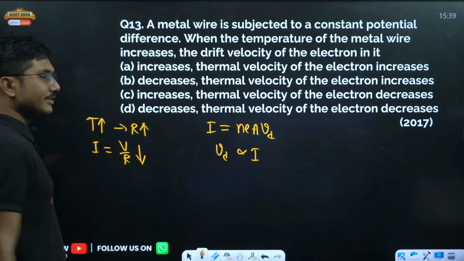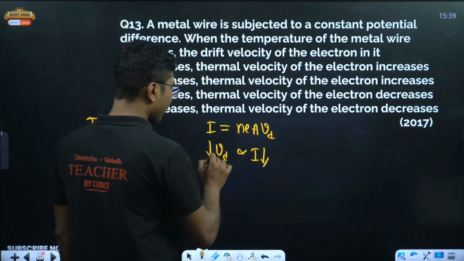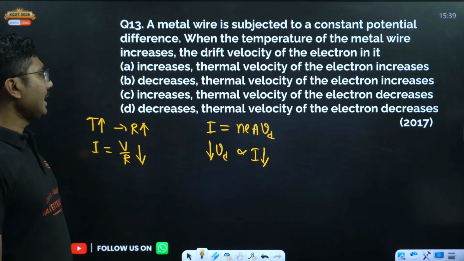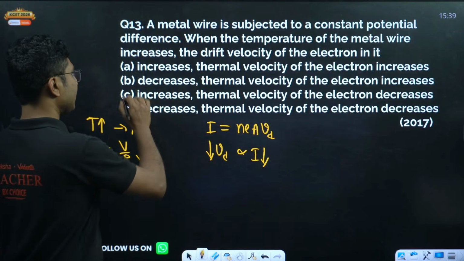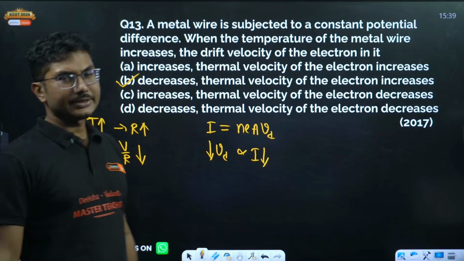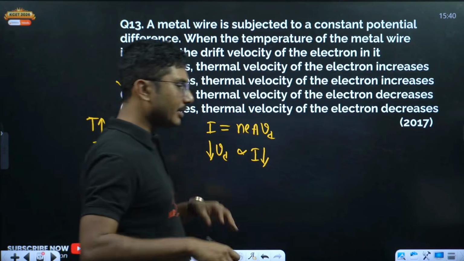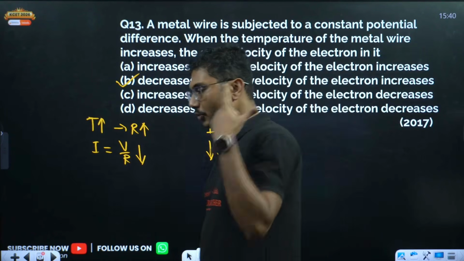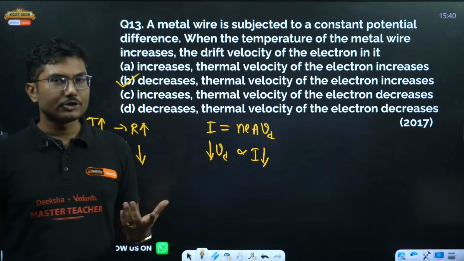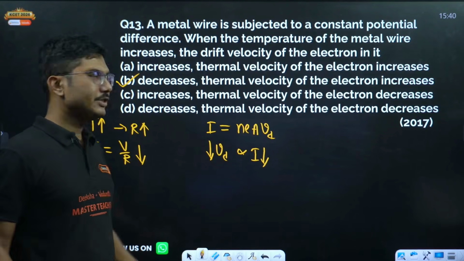Increase in resistance means current decreases. So if current decreases, the drift velocity will also decrease. Right? So drift velocity decreases, thermal velocity increases. Drift velocity is not constant, by the way, it depends on temperature. If the temperature is constant and voltage is constant, drift velocity will be constant, but if temperature or voltage changes, drift velocity will definitely change.